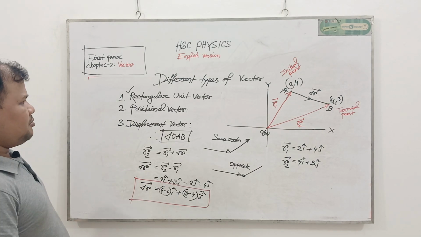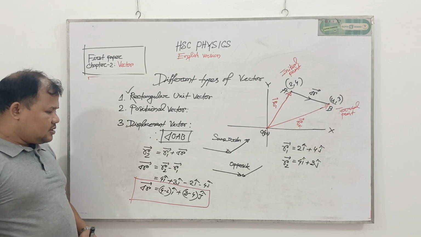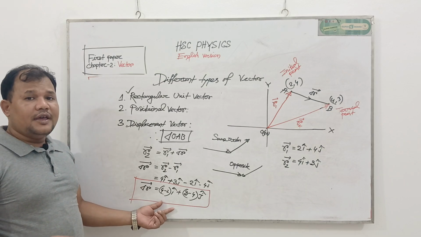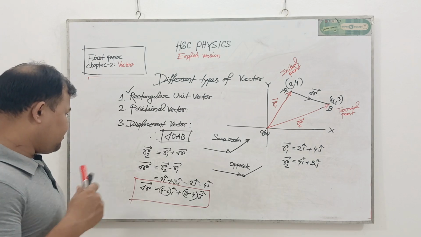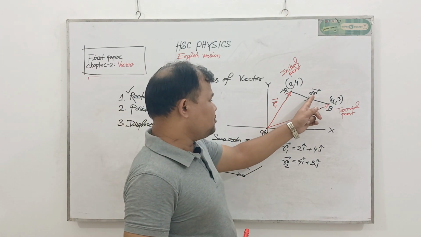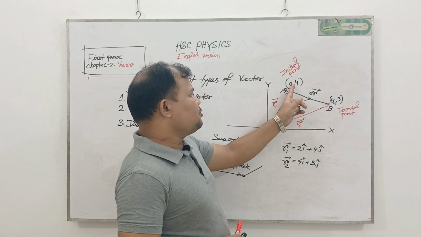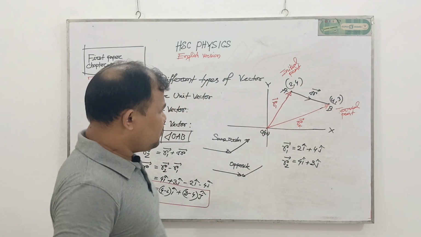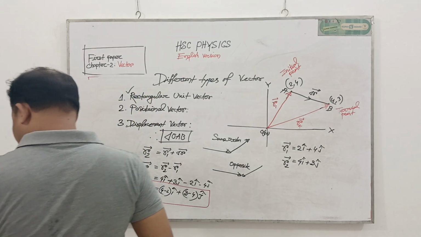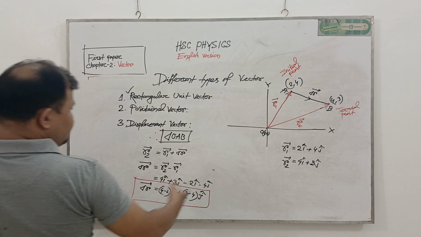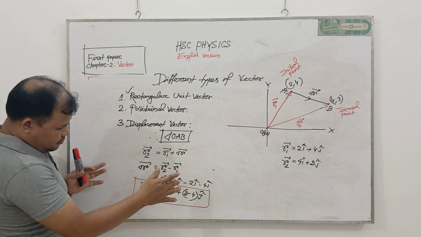Okay, displacement vector. My dear students, we can also use this to find any kind of vector if we know the initial point and final point. Suppose we find this displacement vector, where 2, 4 is the initial point and 4, 3 is the terminal point. What is the rule to find this vector? We can use this way for written problems.